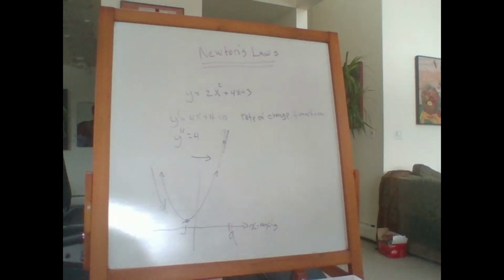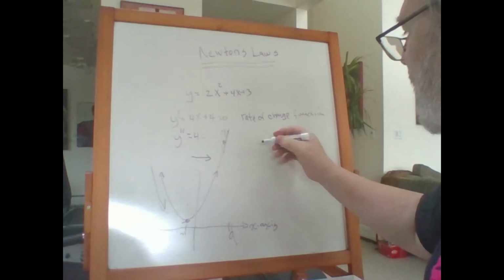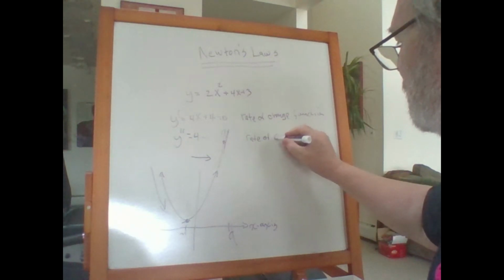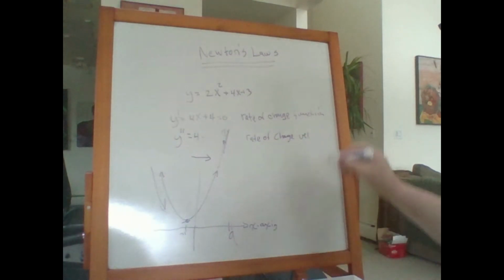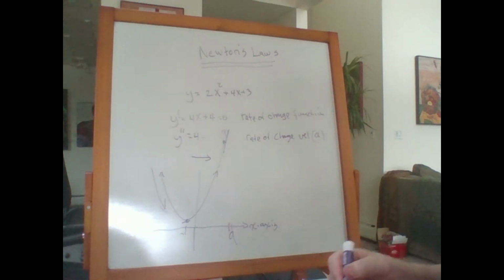Now, the acceleration, that's what this is. This is the rate of change of the velocity, and that's the acceleration. That's a constant. So the rate of change of velocity doesn't change. It's positive, and it's above 0.